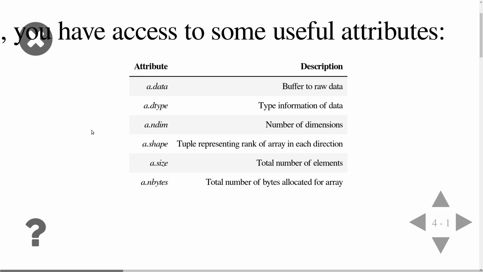Remember, NumPy arrays always have the same type; every item in the array has to have the same type, and here you can check which type your array has. You can check the dimension and the shape. If you have matrices or higher order tensors, this will tell you how many dimensions or how many values you have in each dimension. a.size gives you the total number of elements in the array.